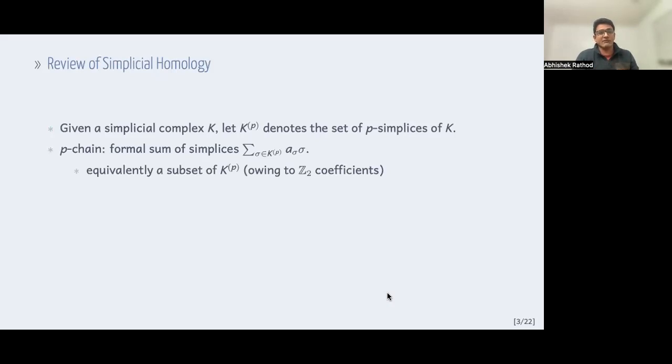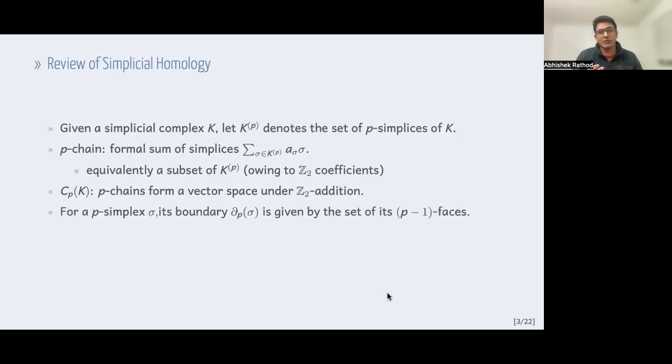So effectively, we can view p-chains as a subset of Kp, where Kp is the set of p-simplices of K. The p-chains of the complex K under Z2 addition form a vector space called the pth chain group of K, and we denote it by C subscript p of K.